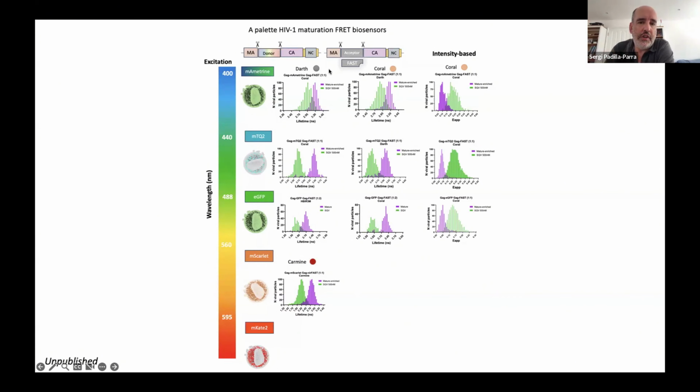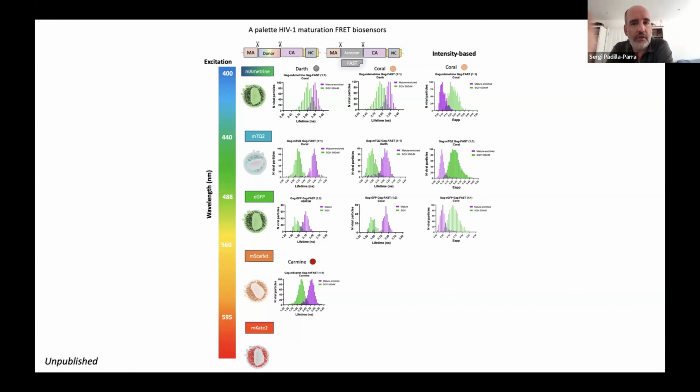The advantage of having FAST between the matrix and the capsid is not only that it's a small entity, but also that it's a scaffold that can be used by many different fluorogens. So you can have all the spectra for the acceptor. We have developed a palette of fluorescent biosensors that can be used in different contexts.